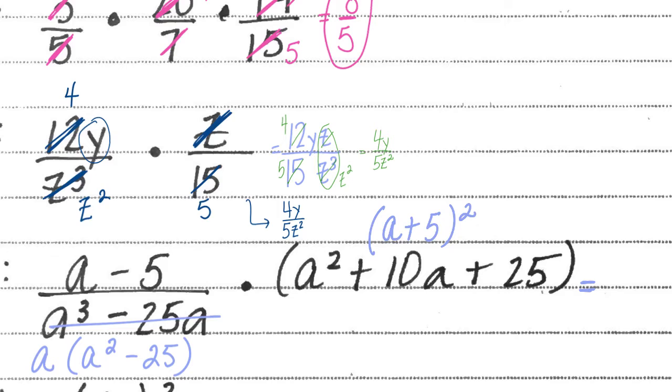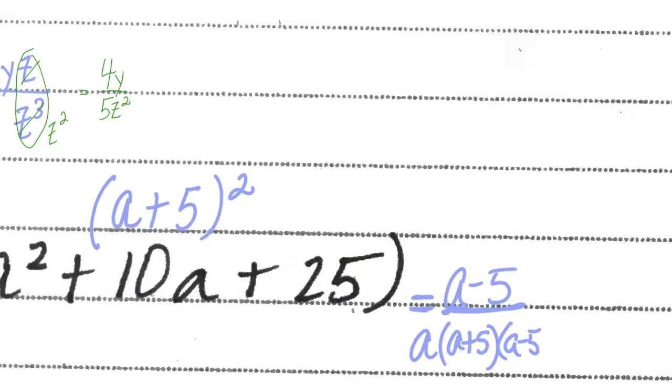Now, I'm going to take the time to rewrite this fraction right here on the left. So I have a minus 5 divided by a times, well, I know that a squared minus 25 is a plus 5, a minus 5. I'm running out of room.